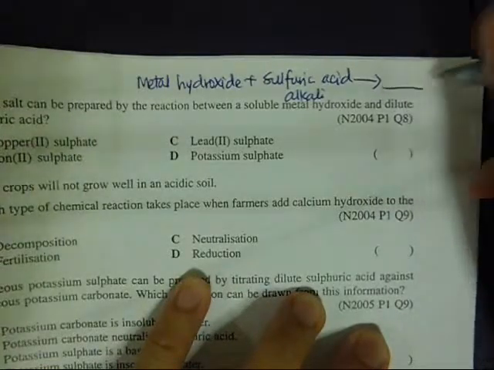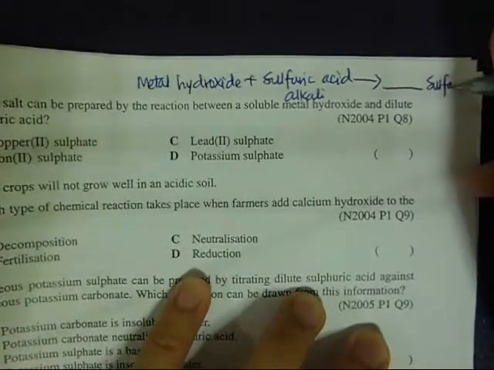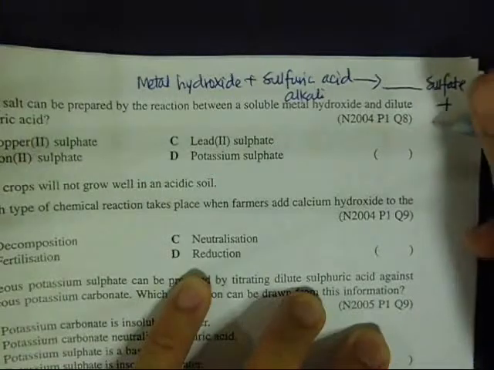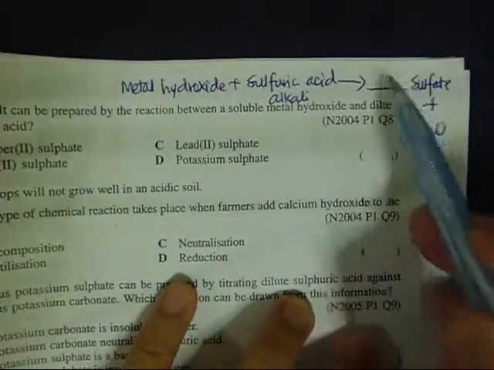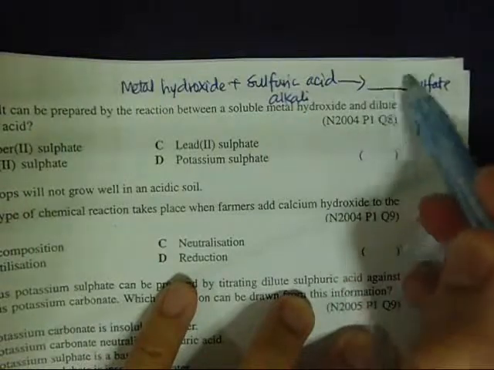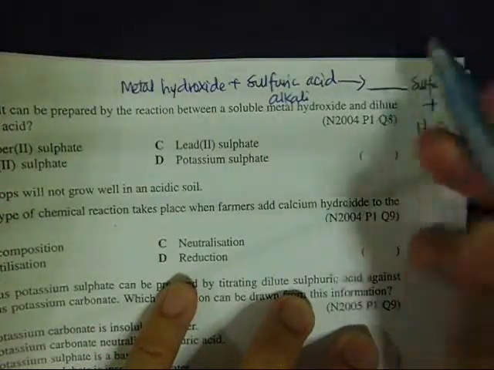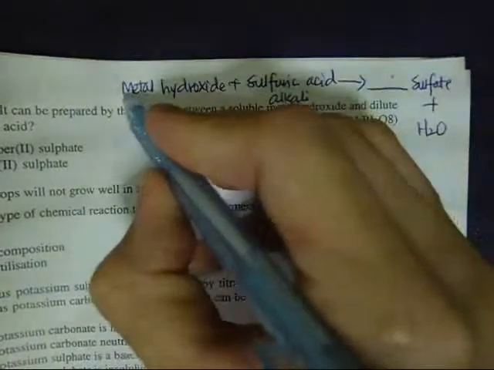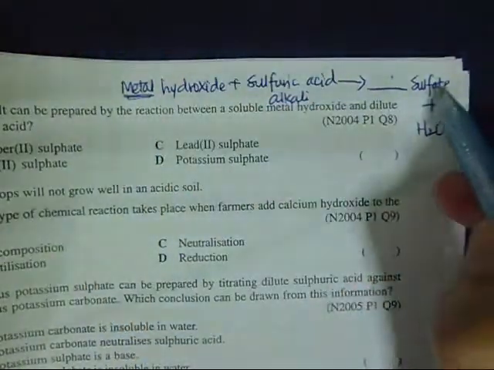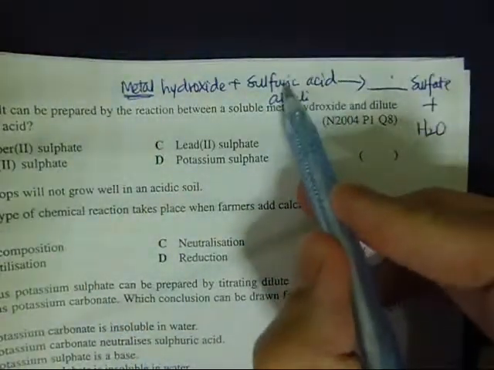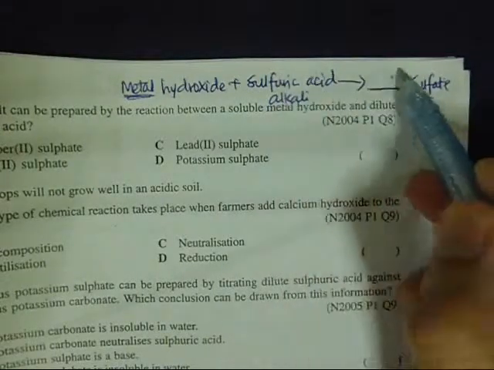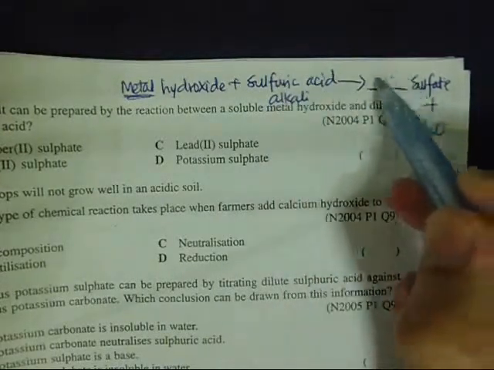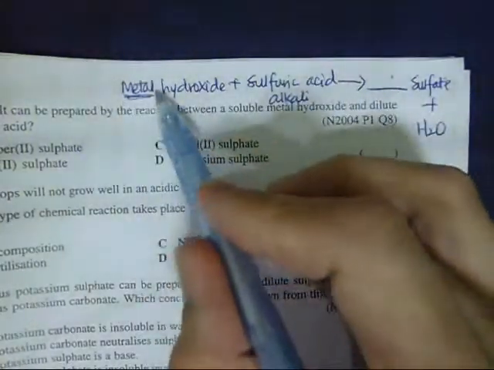So it will give me something sulfate, and of course your water. So what is this something sulfate? This something here would be the metal, because sulfate is from the acid. The anion is from the acid, and the cation, the positive ion of this salt, is actually from the metal.